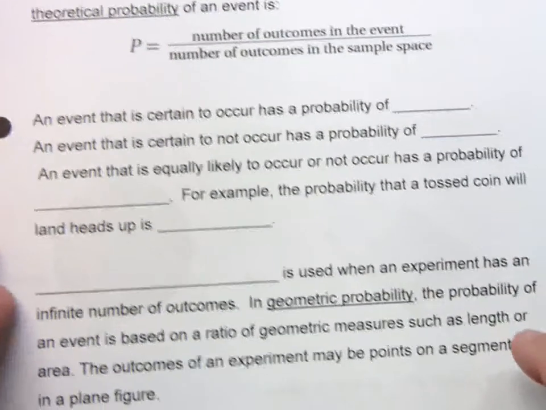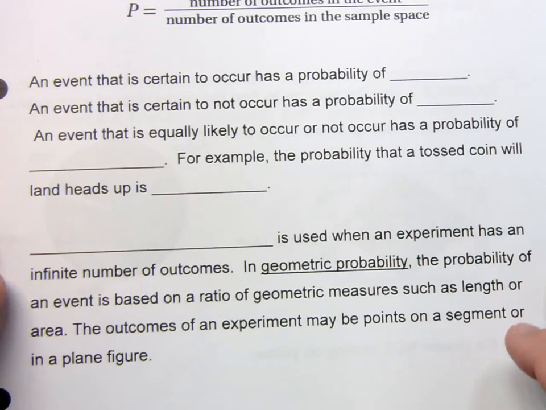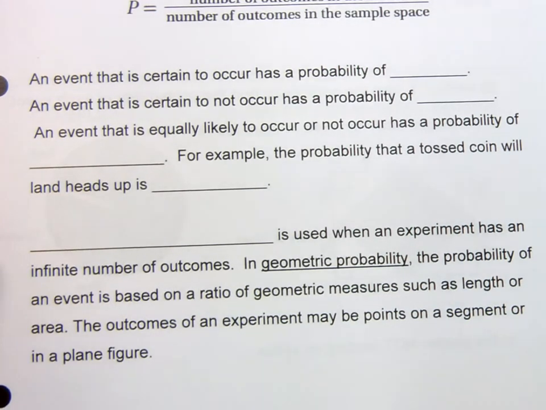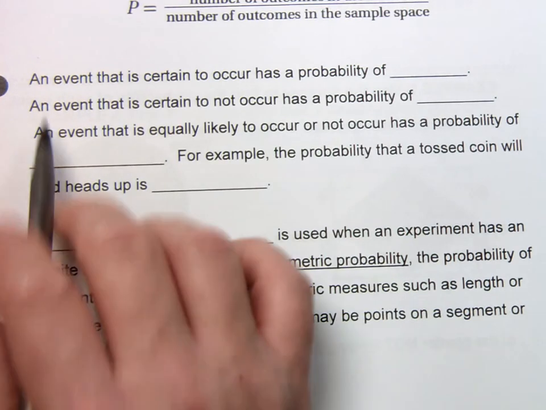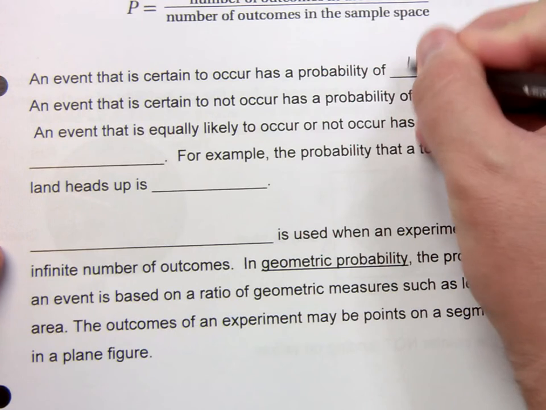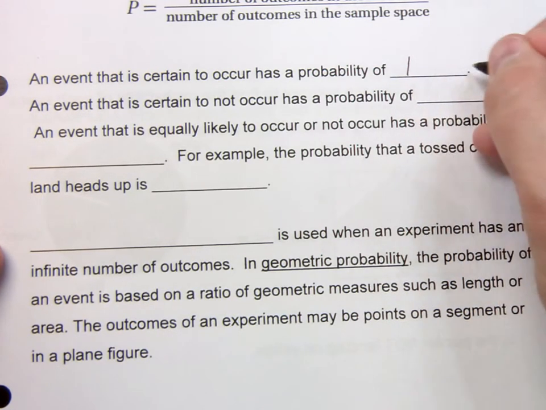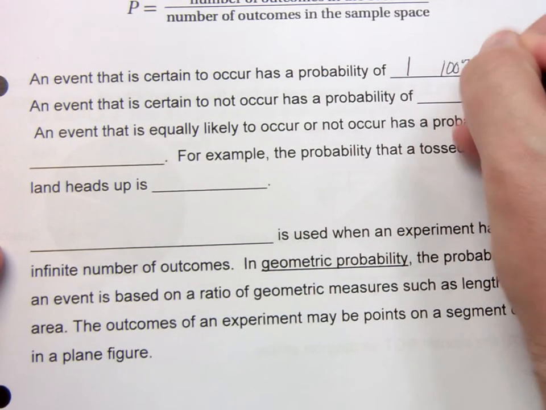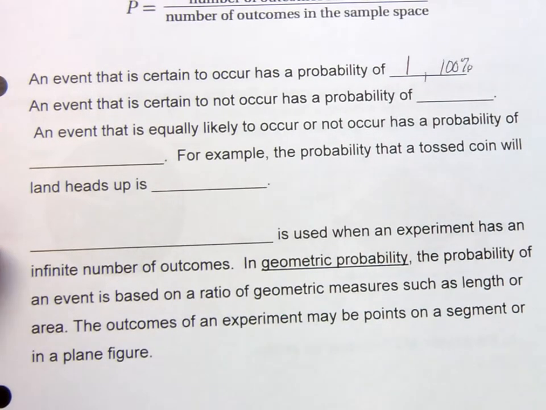Now, so far we've just been talking about regular old probability, but today, I'm jumping the gun here. Let's keep talking about regular probability. An event that is certain to occur has a probability of 1 or 100%. If I'm talking about flipping the coin, I say what's the probability that it'll land on either heads or tails?